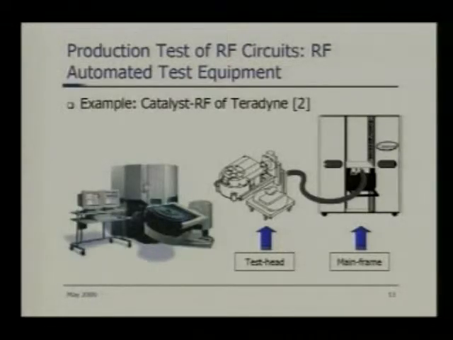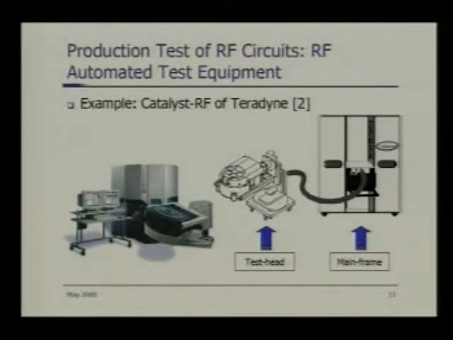Okay, so here is a block diagram of the same thing that we show on the left hand side. It has two main parts, actually three. One I'm not showing, I'll tell you later. The first part is the mainframe where all the big instrumentation is located.